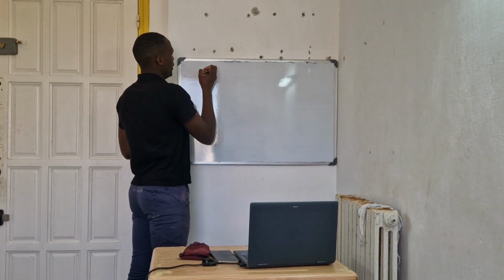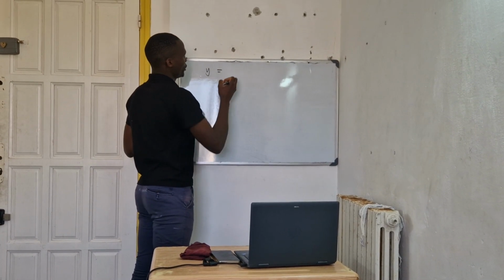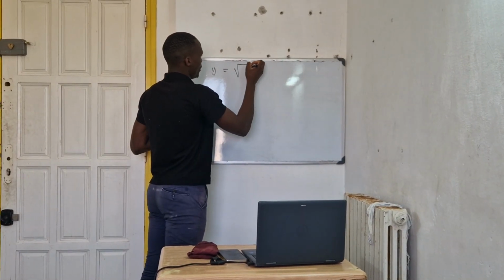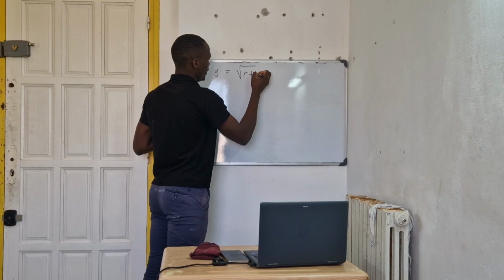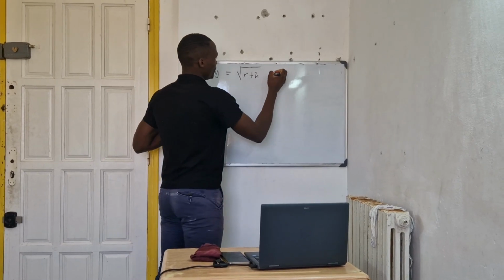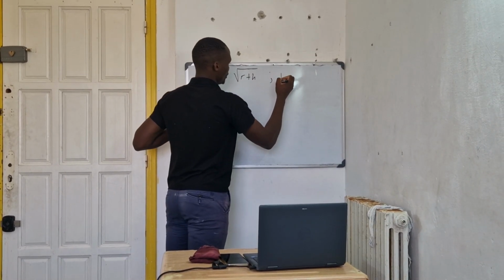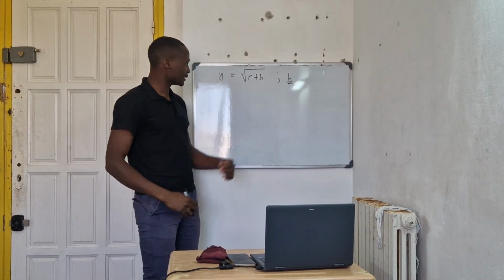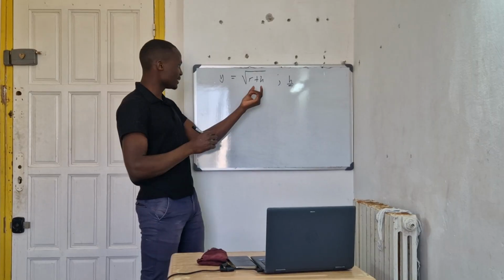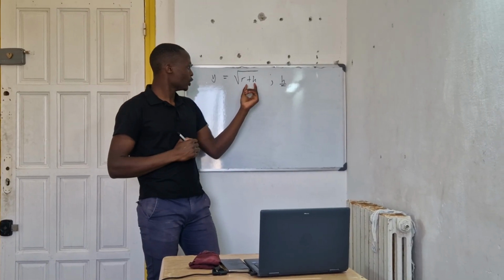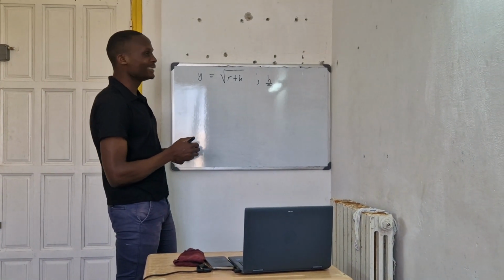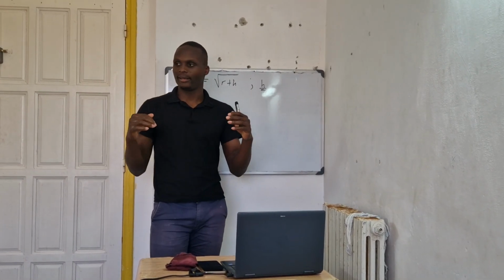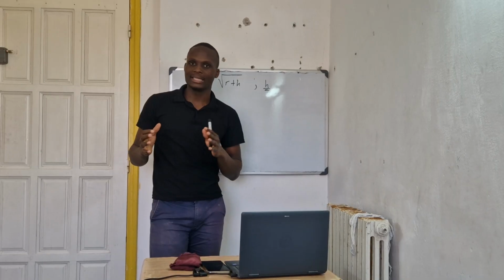Let's say y is equal to the square root of r plus h. Then you just make h the subject. Okay, so we are going to make h the subject of the formula, but h is inside a square root. So the first step, it's like we want to kill a cat inside a room, but the room is locked.